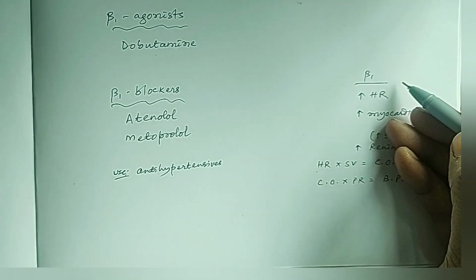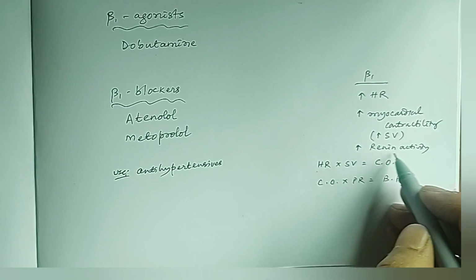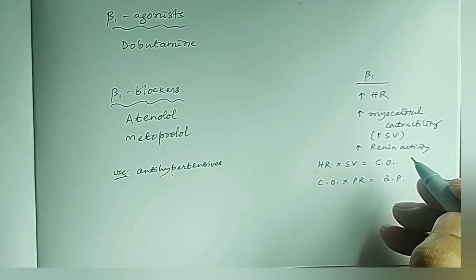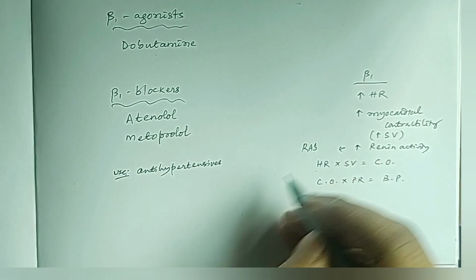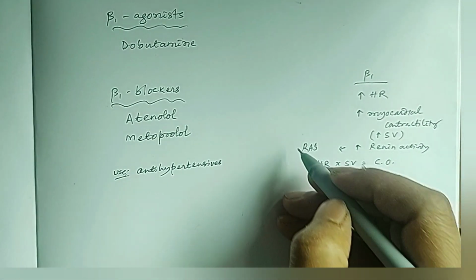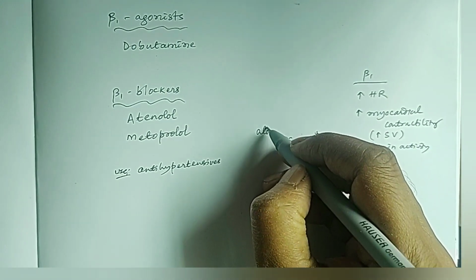Beta-1 receptors are not only in heart, in kidney also, by increasing the renin activity, the renin-angiotensin system is activated. We call it RAS, renin-angiotensin system, where there will be production of two components. One is aldosterone.